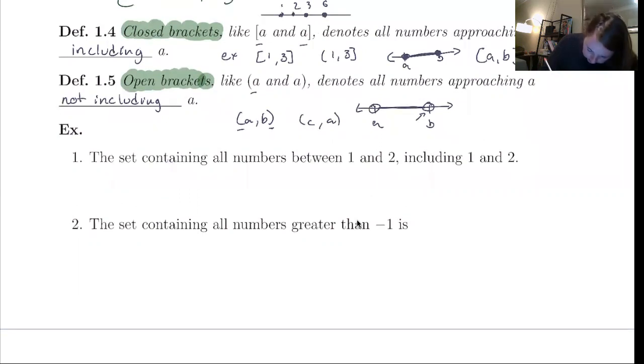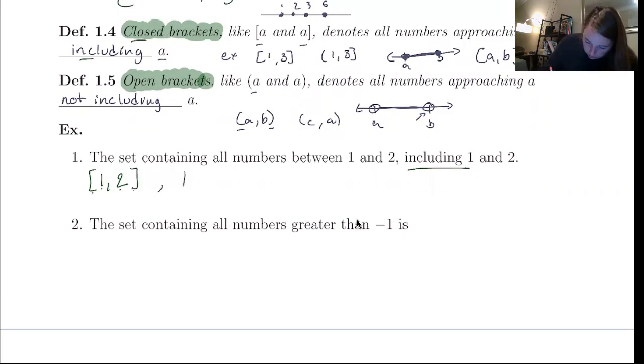I'm trying to think of the difference between if I'm including 1 and 2, including them, right? So if I include them, I use closed brackets. So it'd be [1, 2]. This says 1 all the way up to 2, including 1 and 2.